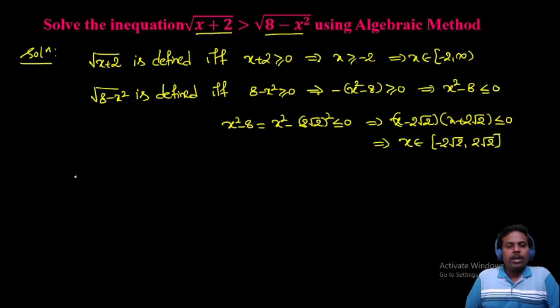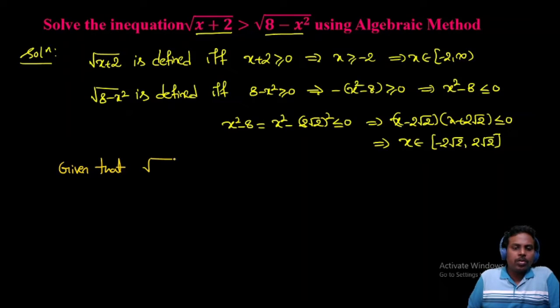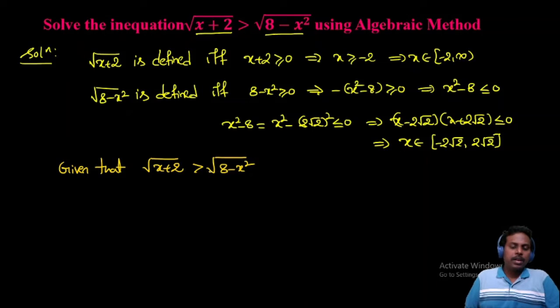Now let us get the third inequality. So it is given that root of x plus 2 is greater than root of 8 minus x square. So if these are positive numbers, we have discussed the result already.